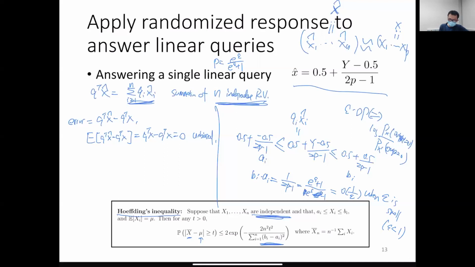Okay, now let's substitute this bound of b_i minus a_i into Hoeffding's inequality and then try deriving the error bound.